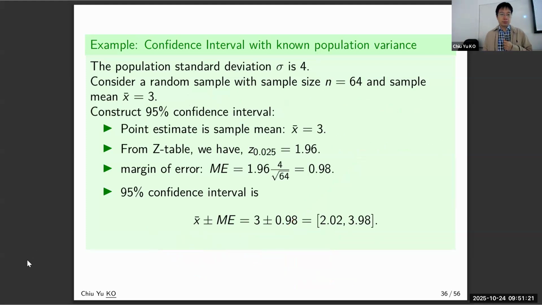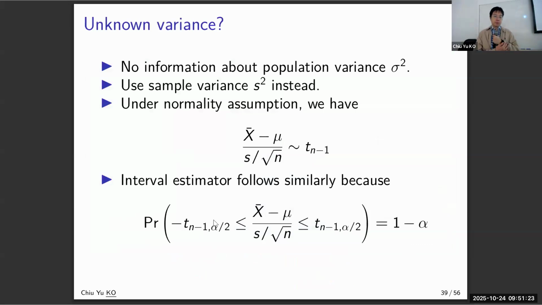Now, the next thing we also talked about in the last class is, suppose we don't know sigma, which is often the case, then you have to use S instead.